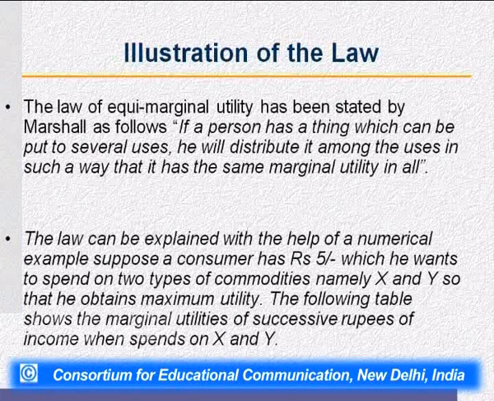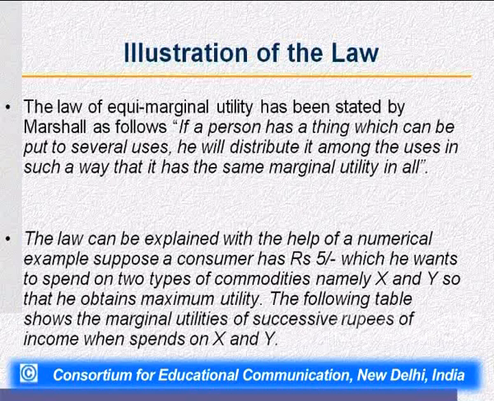What is the law, and with the help of a table, how can we explain this law in an example mode? The law of equimarginality has been stated by Marshall as follows: if a person has a thing which can be put to several uses, he will distribute it among the uses in such a way that he has the same marginal utility in all.